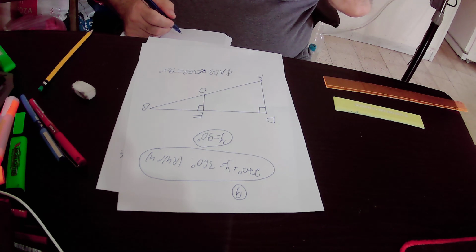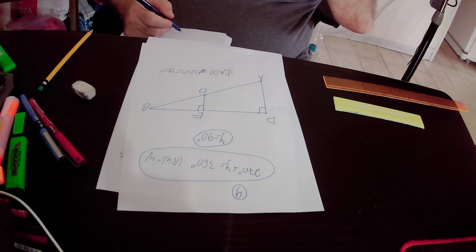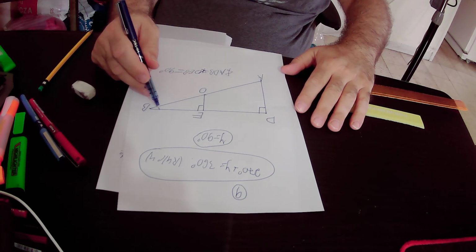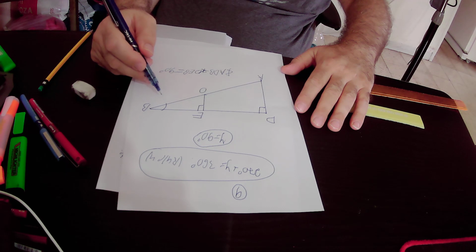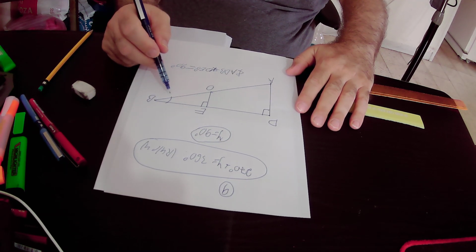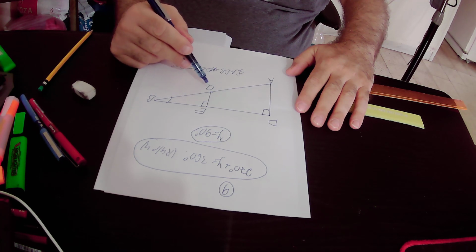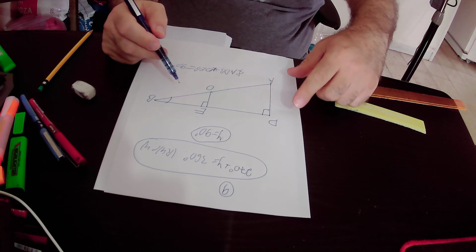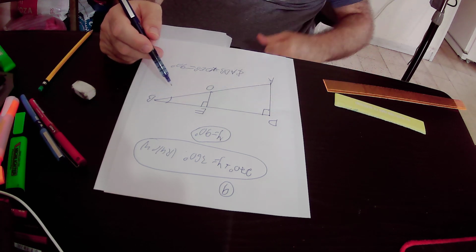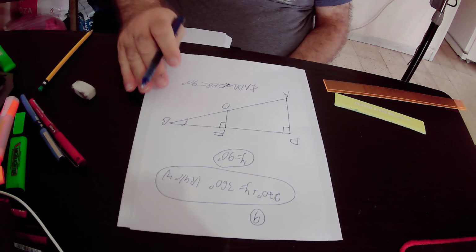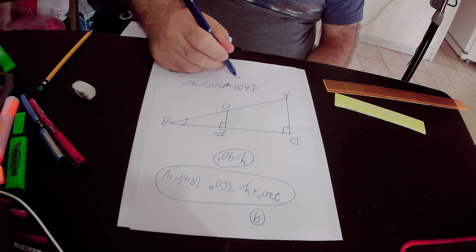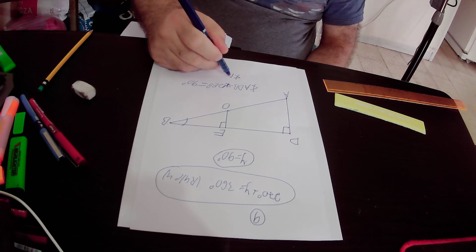And this angle B is a common angle because it belongs to both triangles. It belongs to the small triangle, triangle OEB, and it also belongs to the big triangle, triangle ADB. It is a common angle. So angle B equals angle B.